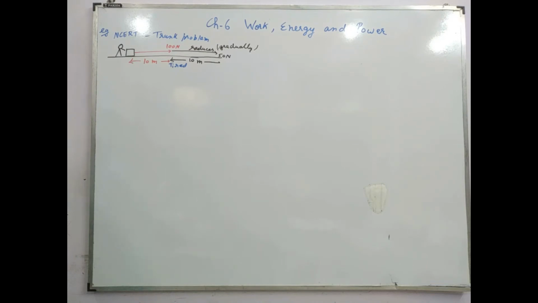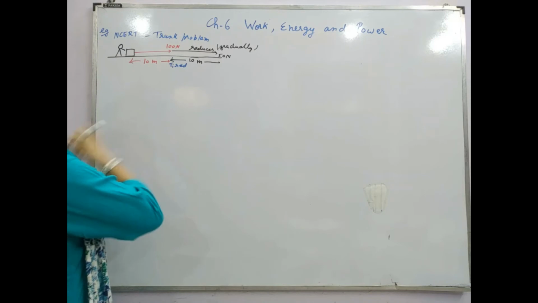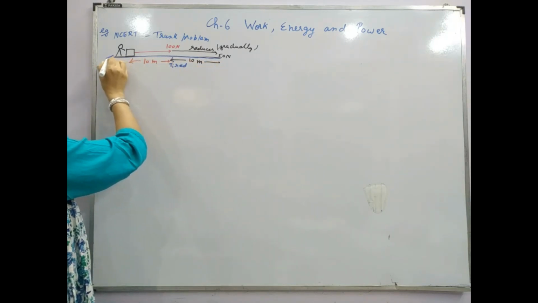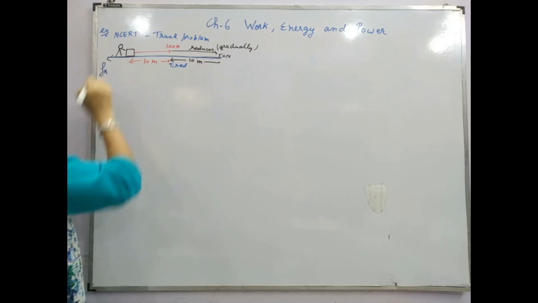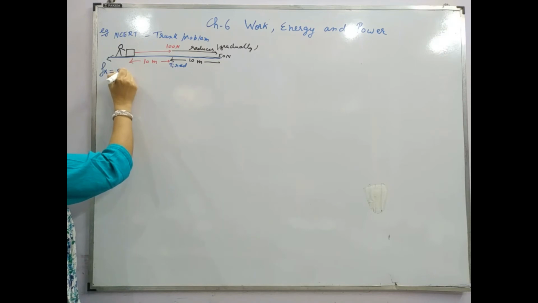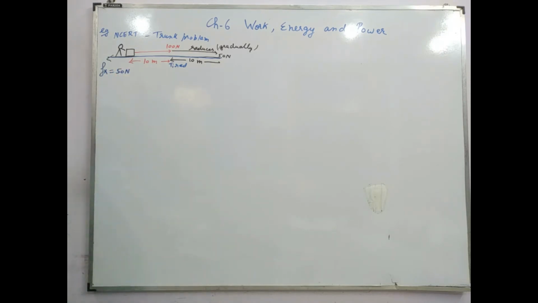Plot the force applied by the woman and the friction force, which is 50 Newton. We know that during the complete journey, the friction force will act backwards only. Yes. And this is given as 50 Newton throughout the journey.